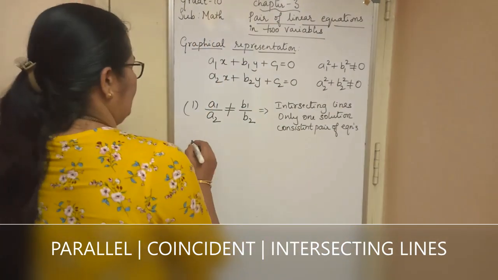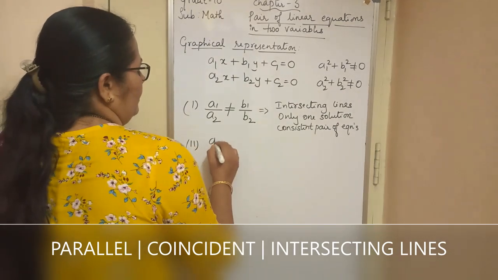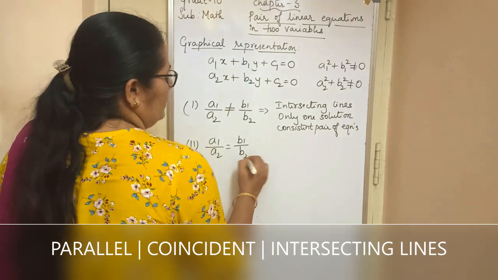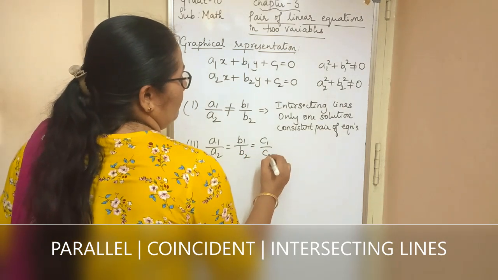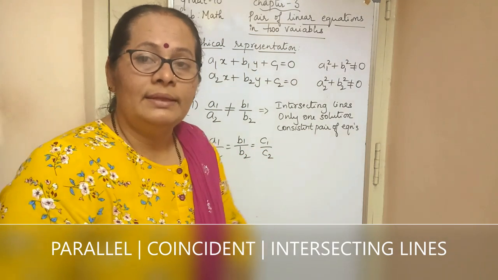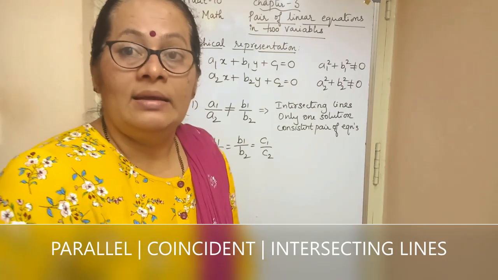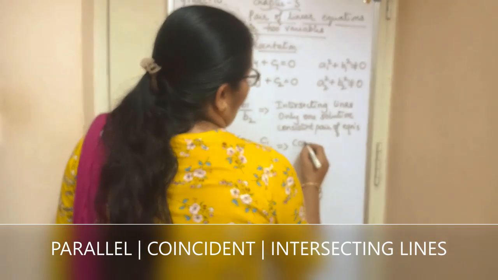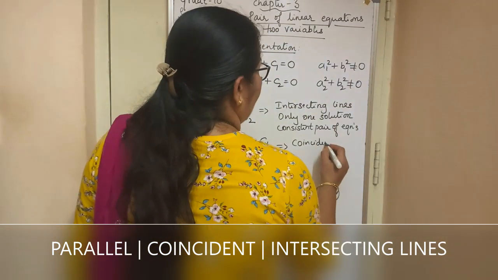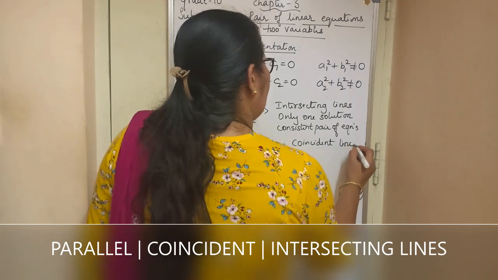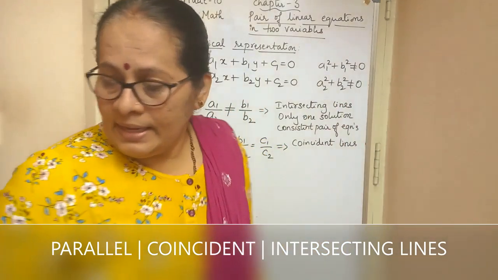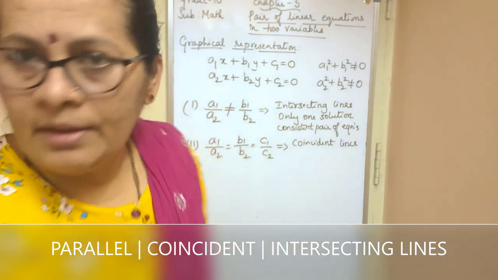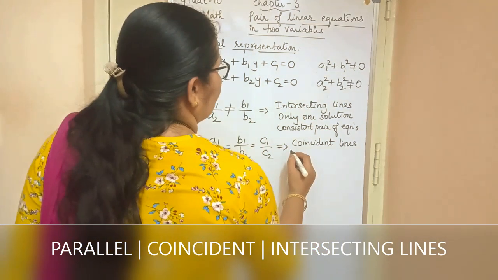Then in the second case, a1 by a2 equals b1 by b2 equals c1 by c2. When all the three ratios are equal, then we get coincident lines. It means you will get many solutions.